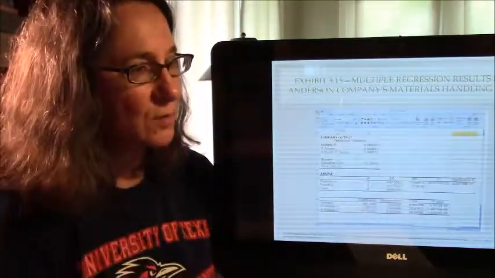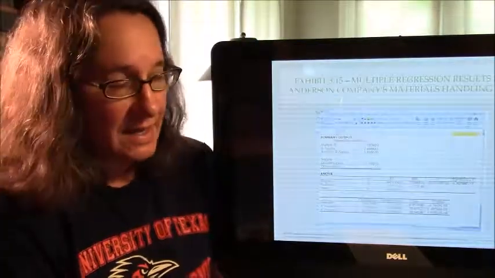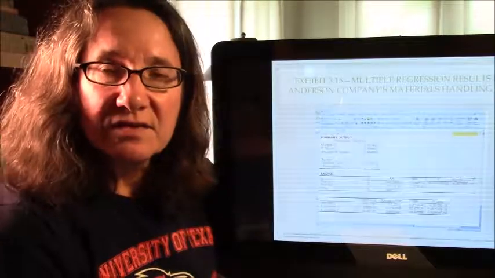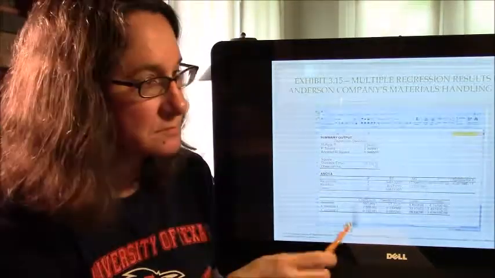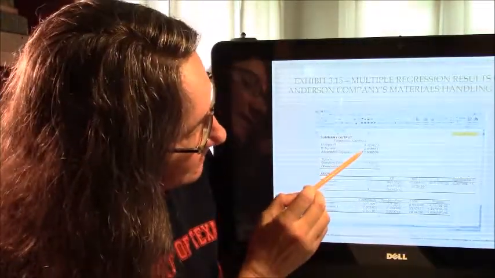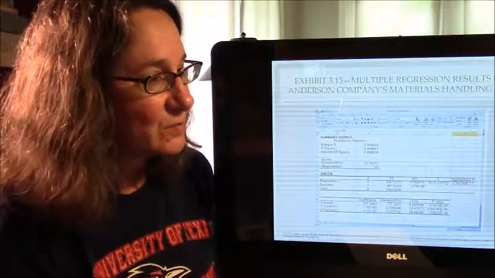So we run it in Excel or whatever you like, SAS, anything. Lots of ways to do regression analysis. If you look at this output, check out our R-square now. It's 99%. We've explained almost all of it. That's pretty amazing.